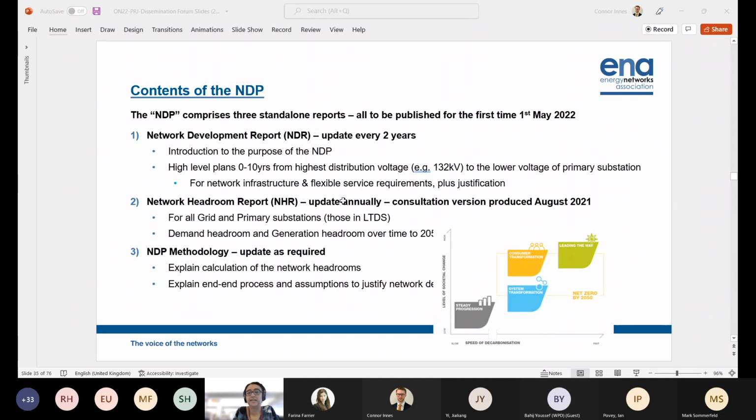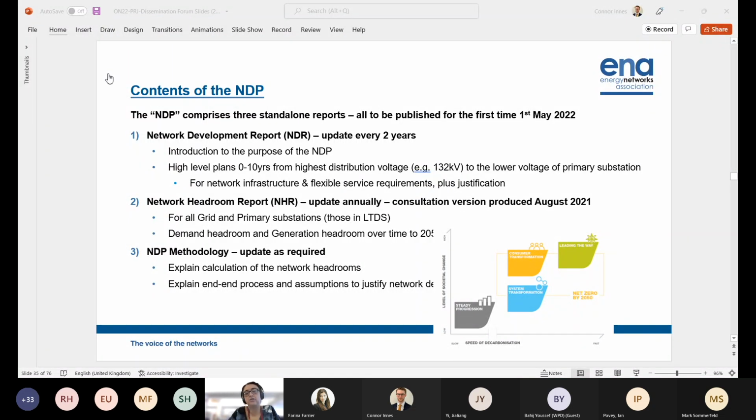It'll explain the calculation of the network headrooms, and it explains that end-to-end process from forecasting to network impacts to assumptions to justify what developments we are expecting to take forward into infrastructure and flexibility services interventions.